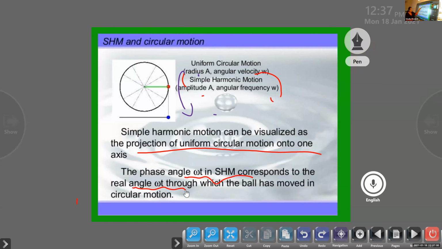Therefore, the phase angle omega t symbolizes the angle at which this ball is rotating. Suppose the ball reaches up to here, and then the ball reaches up to here, that is known as omega t. It's the actual angle at which the ball is rotating in the uniform circular motion. That is the assumption we take.